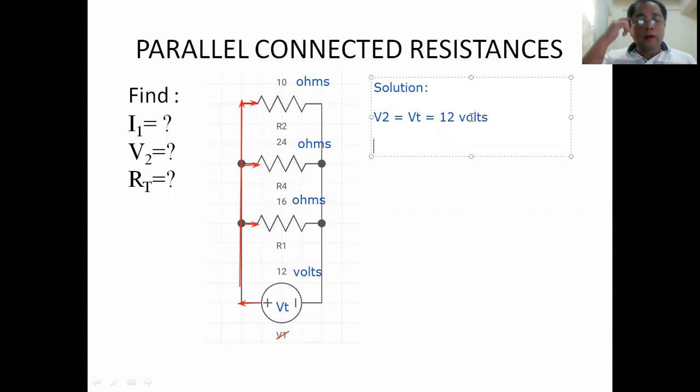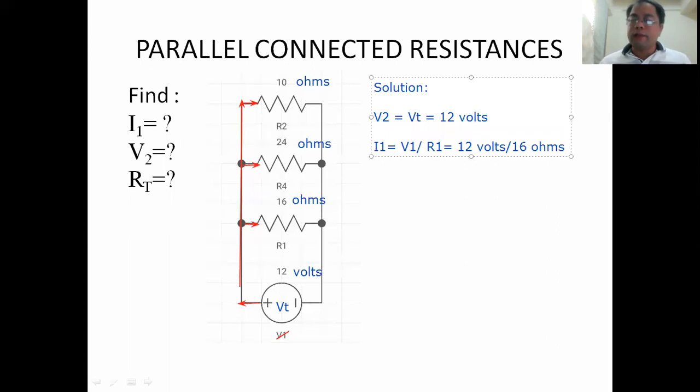Now, the next value probably that we can think of is the value of I1. And how do we get I1? That's using Ohm's law. We have V1 divided by R1. V1 is 12 volts, and we divide that by R1, which is 16 ohms.